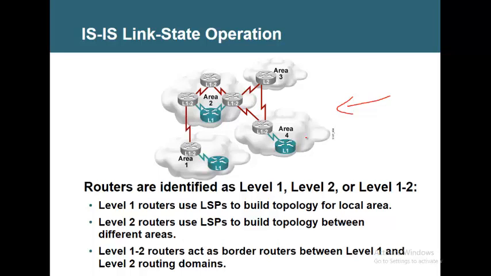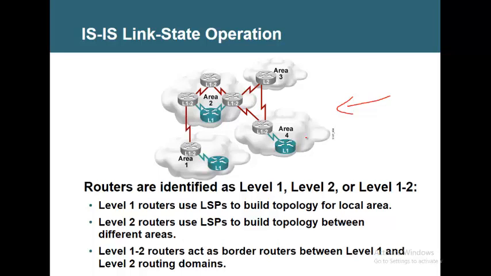I repeat, you can make use of any area to act as a backbone area. Here in our example, area 2 in this picture is acting like a backbone area.